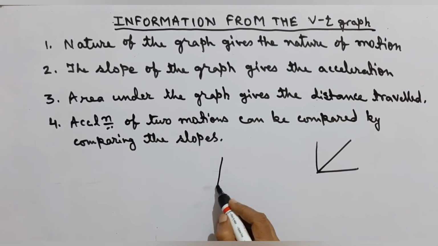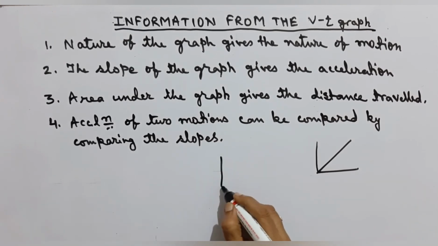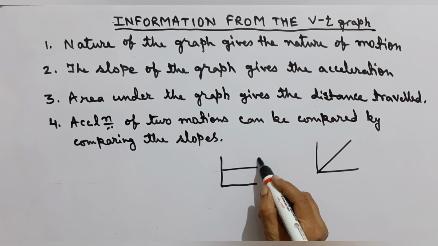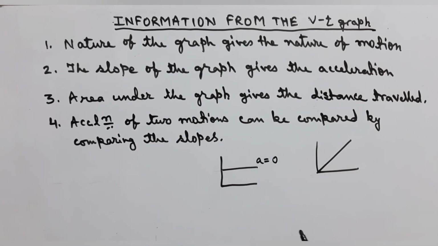If the graph is parallel to x-axis, it means that it is a uniform motion, the velocity is constant and the acceleration is 0.